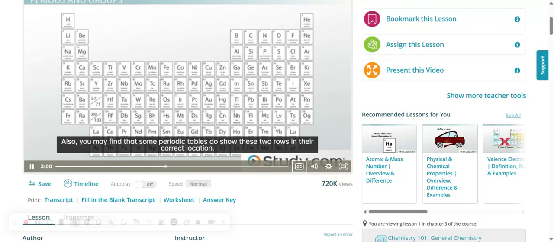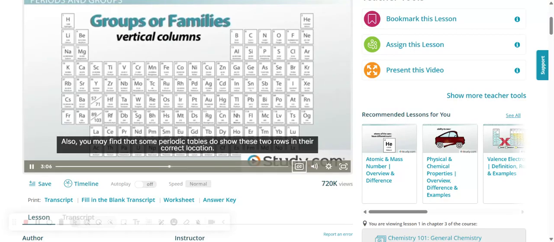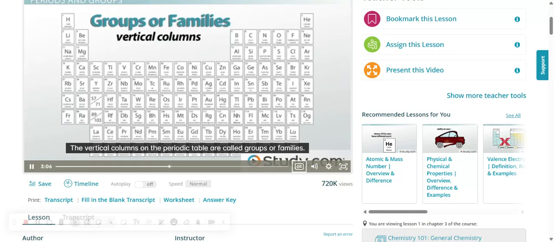Also, you may find that some periodic tables do show these two rows in their correct location. The vertical columns on the periodic table are called groups or families.